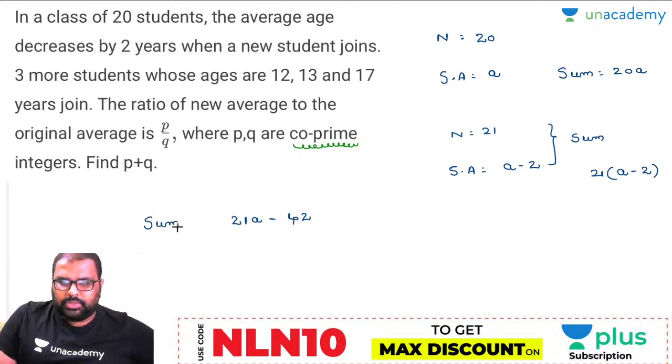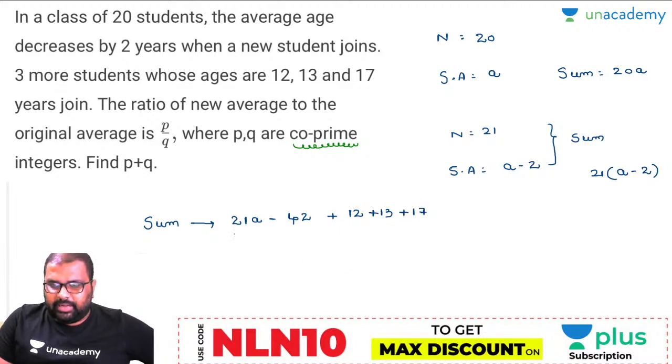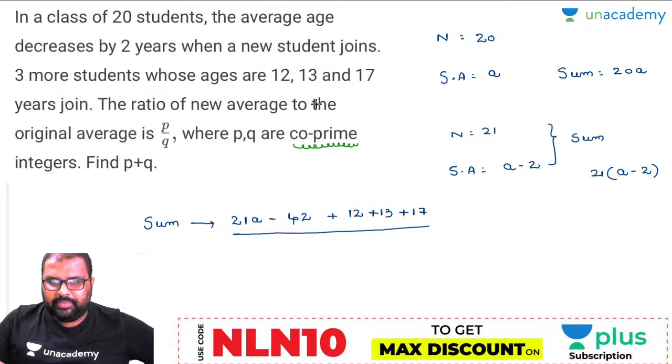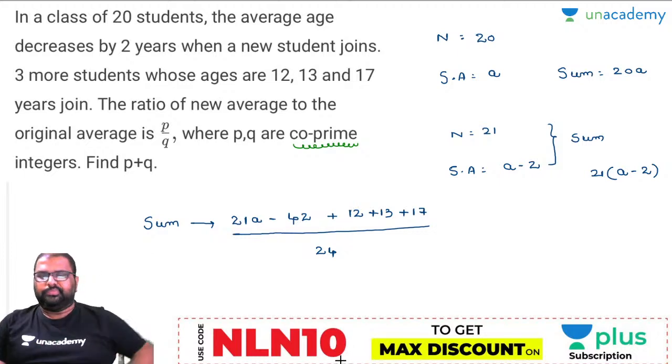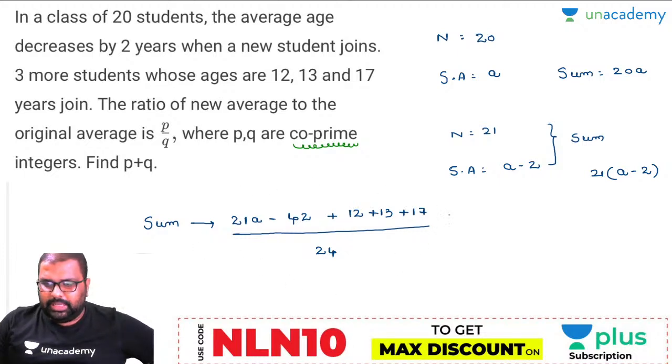Now plus 12, plus 13, plus 17, divided by how many students are there? 21 plus 3 more students joined, is it 24? Is this nothing but the new simple average? Yes, perfectly.